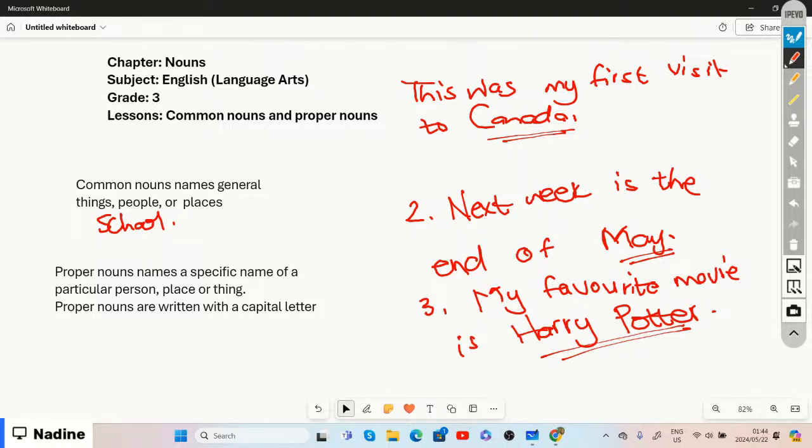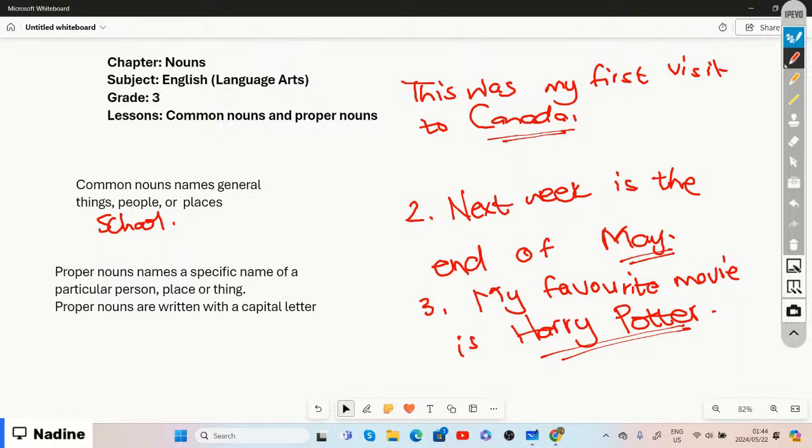So the same with titles and names of books, articles, it needs to be capitalized, right? All right, so Harry Potter is correct.